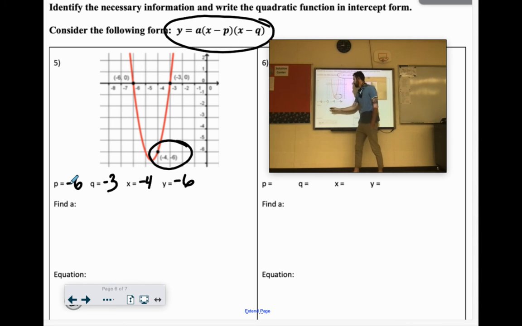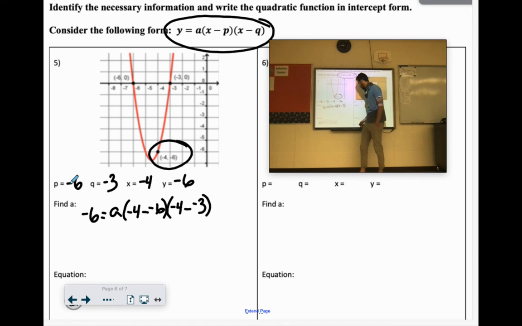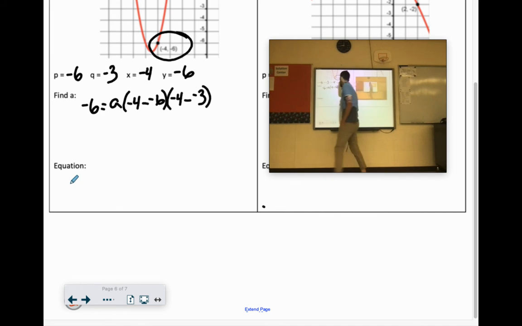So y, which is negative 6, equals A. We don't know A. That's what we're going to figure out. Times x minus P. So x is negative 4, minus P, which is negative 6. And then times x minus Q. So we solve this. We'll figure out A, and then we can just rewrite our formula.